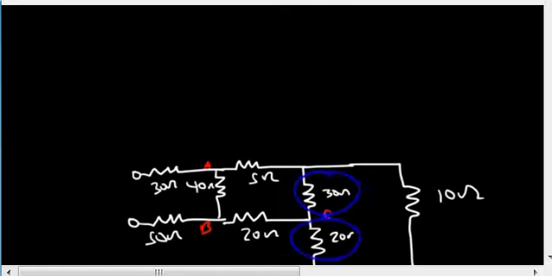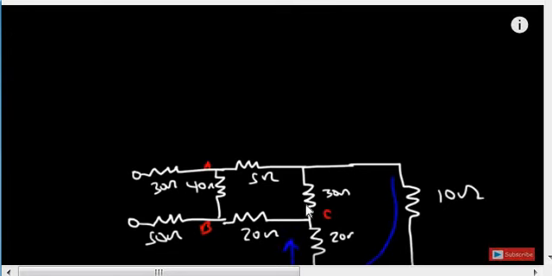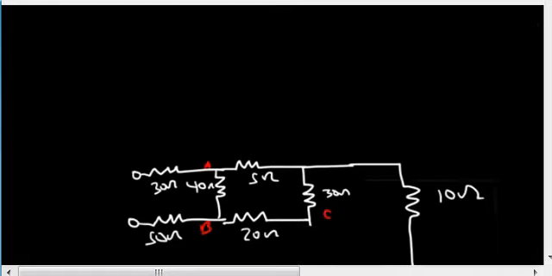Now this 30, 20. They are not connected in series, right? Some current will go through this point, but you can see here this 10 ohm is connected in series with this 20. The same current will flow through 10 and 20. They are connected one after another. Therefore, take the addition of these two, 10 and 20. How much will it be? 10 plus 20, it is 30.